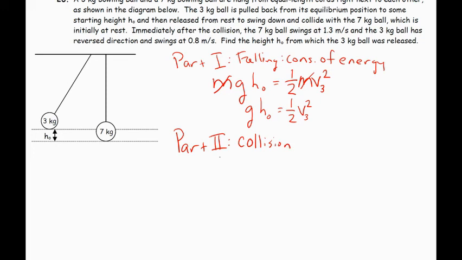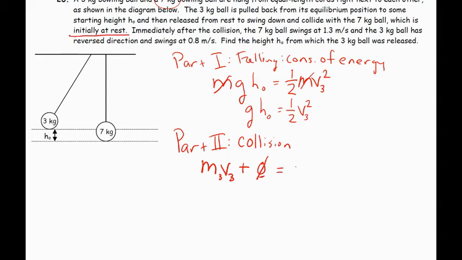So you have object 3 times the velocity, and we're going to call that velocity of object 3, plus 0. And why is that 0? Because the 7-kilogram ball is hung, and it says that the 7-kilogram ball is initially at rest. So that's going to give you your 0.